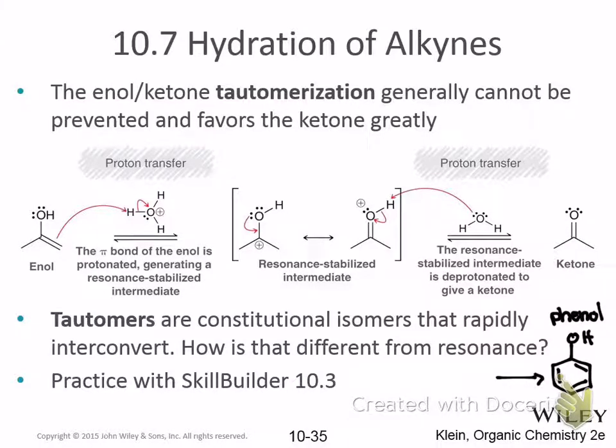The reason that enol gets formed is because the benzene ring is very stable. When we talk about enol formation, normally it's the stability of the C double bond O that is the driving force, but when it's between the double bond and a benzene ring, the benzene ring being more stable, this is the preferred form for this particular enol.